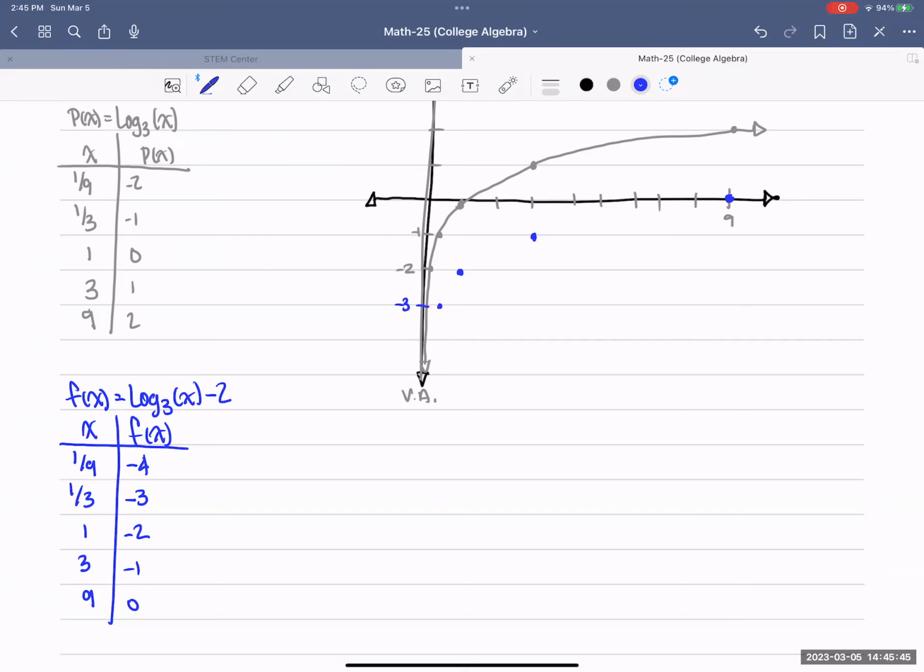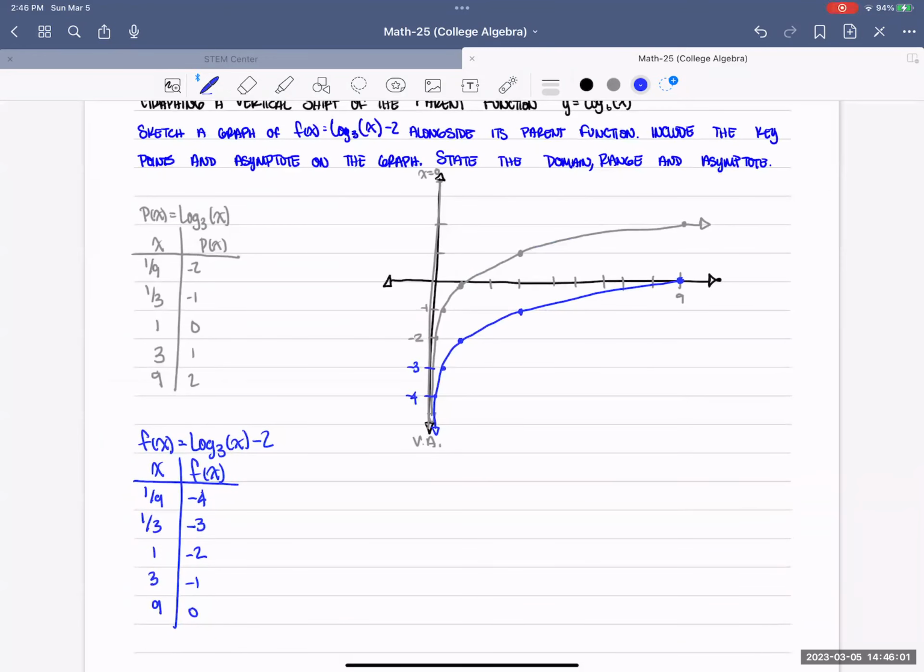When we input 1/9, we output -4. And keep going. It looks like we have the exact same vertical asymptote at x equals 0.